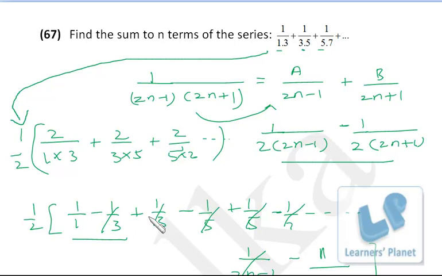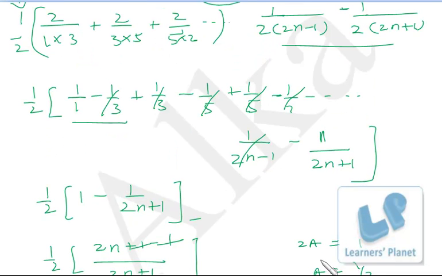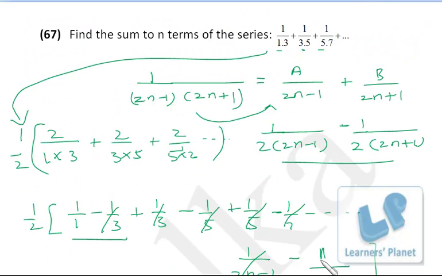You can see it's minus 1 by 3 plus 1 by 3 minus 1 by 5 plus 1 by 5 and so on. Right? So 1 minus 1 upon 2n plus 1 is left. So if you solve, you'll be able to get n upon 2n plus 1 as the sum of the series. So this is going to be important. If I do just one more sum like this, I'm sure you'll be able to understand it.